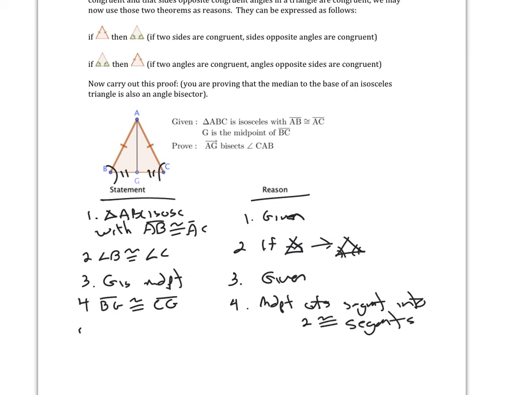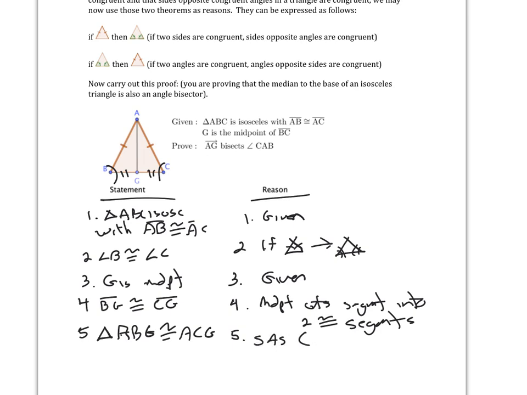And now we can say that triangle ABG is congruent to triangle ACG, and that would be by side angle side.